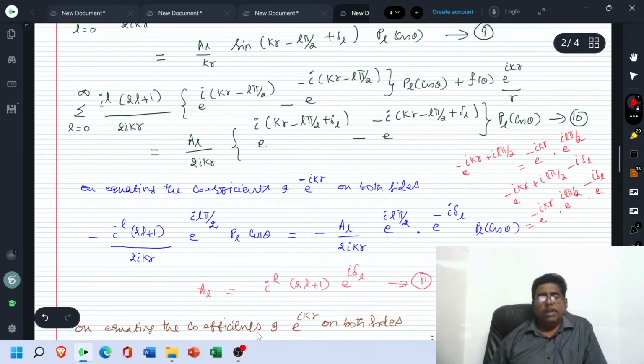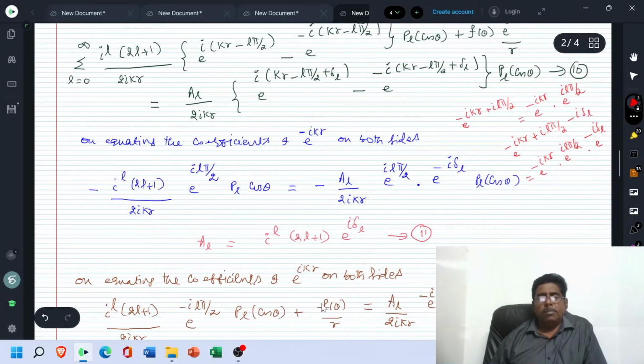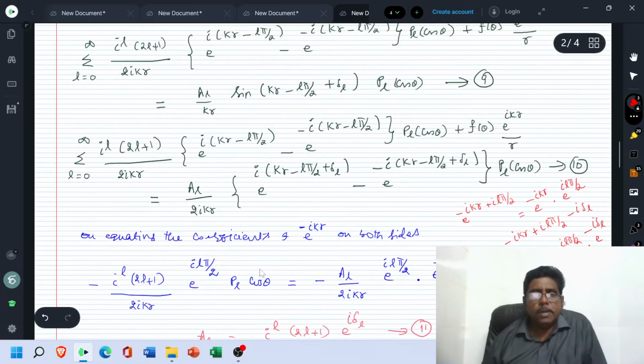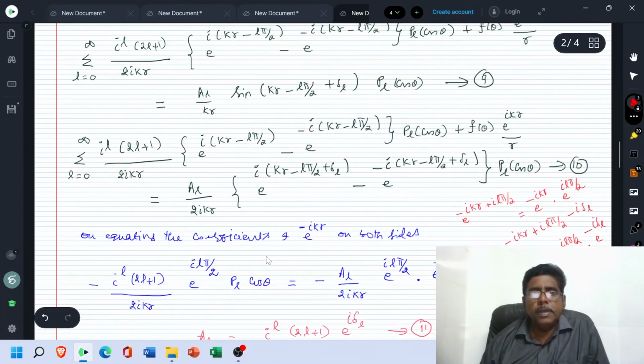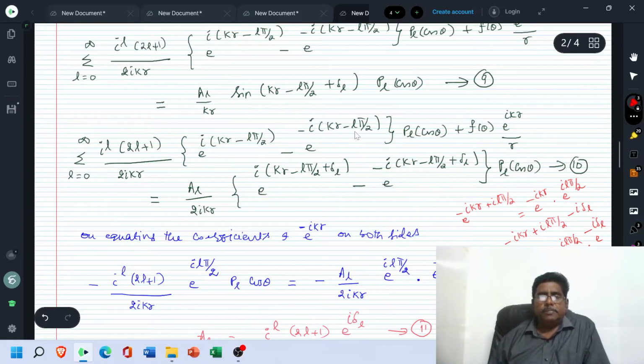Now, on equating the coefficient of e^(ikr) on both sides, see here, e^(+ikr) this term into e^(-ilπ/2) into P_l(cos θ).